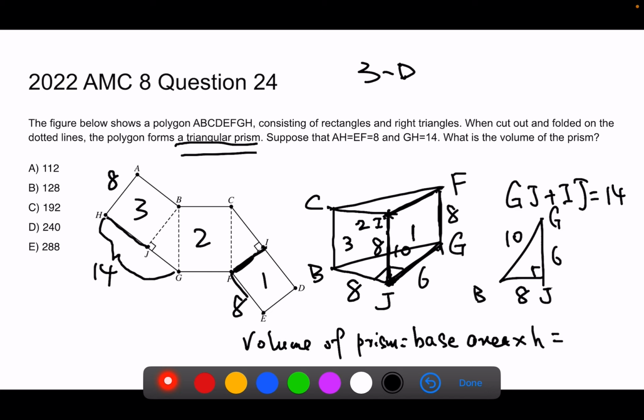In our case, your base is that right triangle, 6, 8, 10, so the area of the base is 6 times 8 divided by 2. The height is our IJ, FJ, right? Or from EF. So your height is going to be 8. And in that sense, we get 24 times 8, which is 192. So the answer is C.